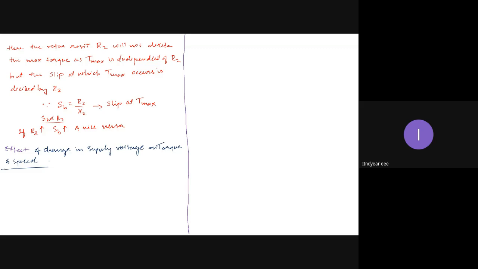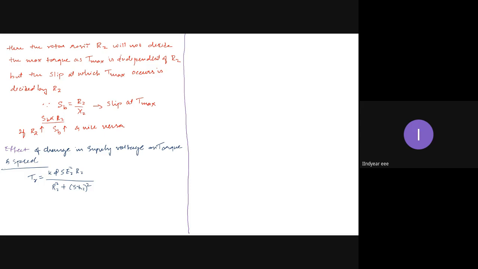Okay. So we have TR is equal to K phi S E2 R2 divided by R2 square plus S into X2 square.